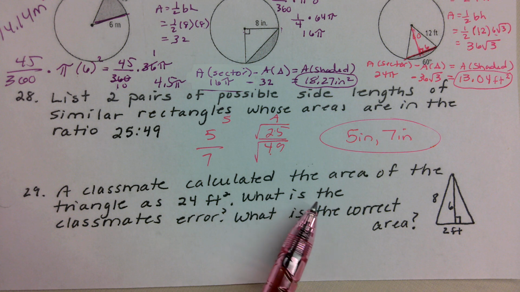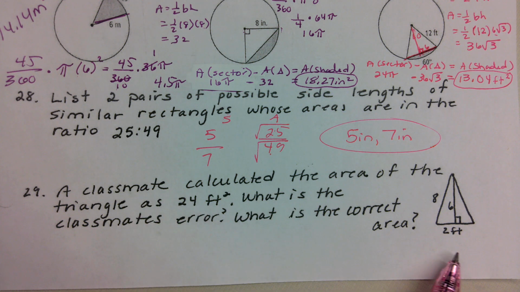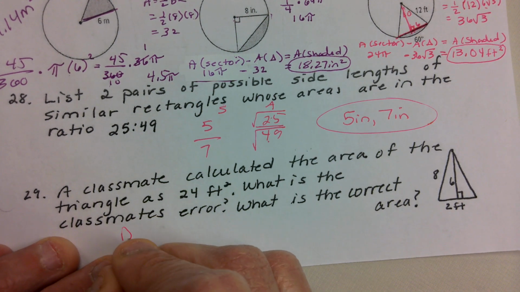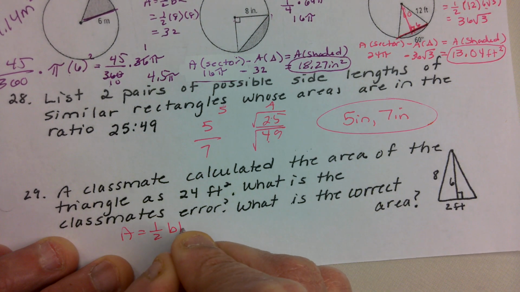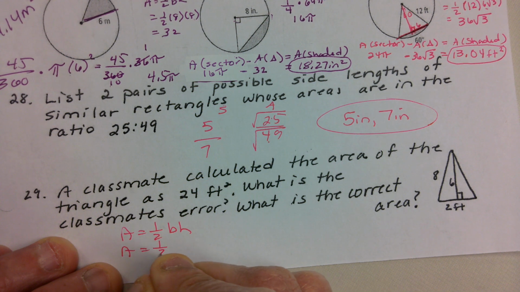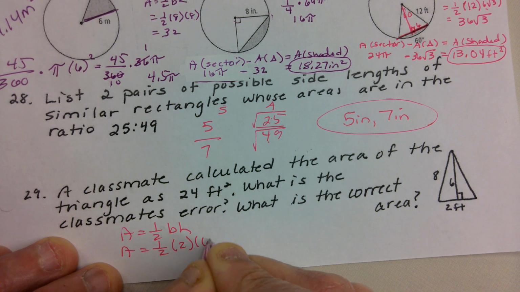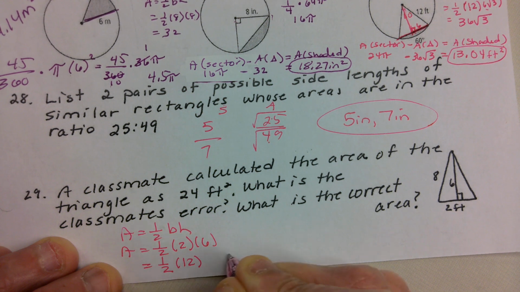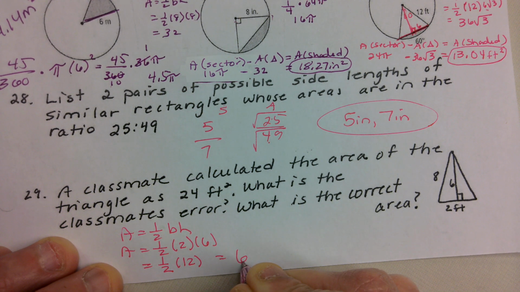A classmate calculated the area of this triangle. What's the classmate's error, and what's the correct area? They said 24. Well, let me see. I'm going to do it myself. So I got 6.